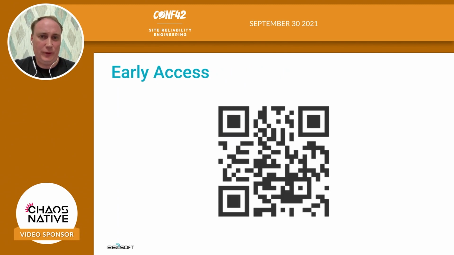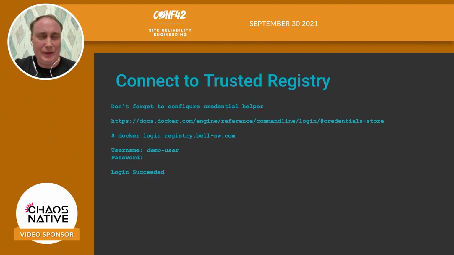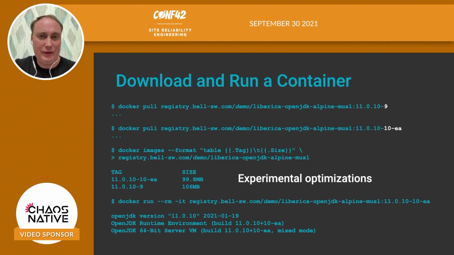So you can also try early access builds there. At least they used to be provided in this repository also. It is very essential to connect to such a registry. You just need some credentials, and then you work with it just like the public Docker registry.